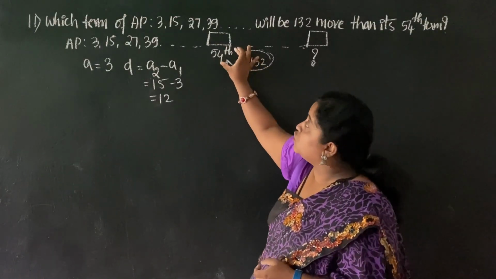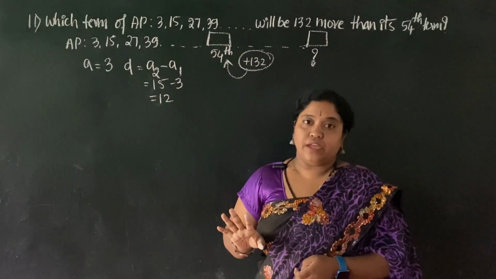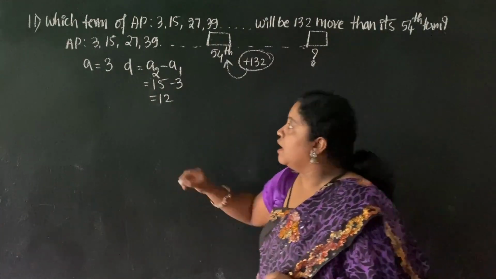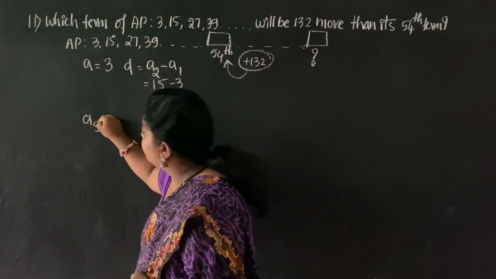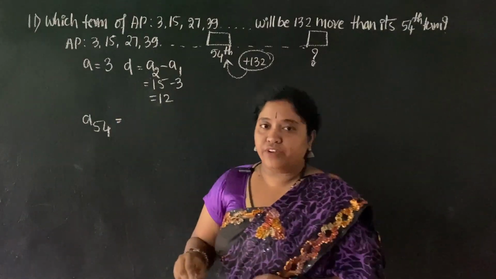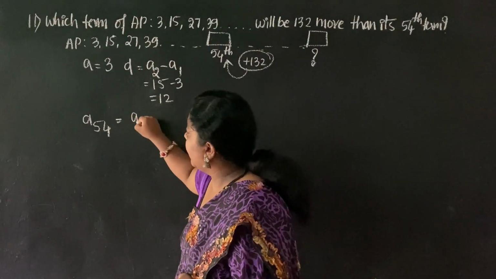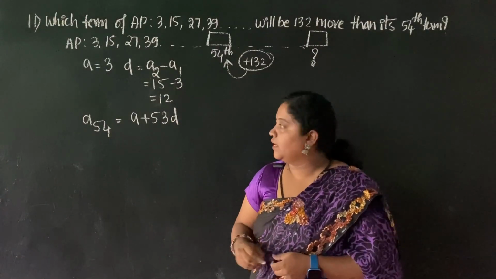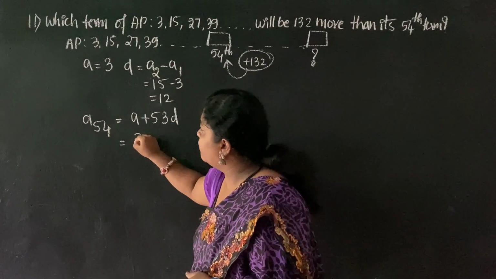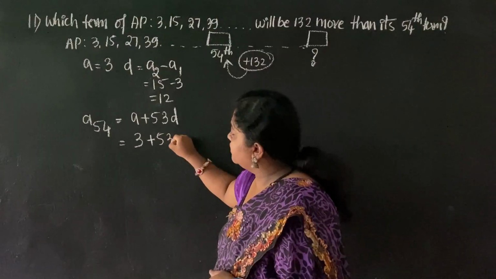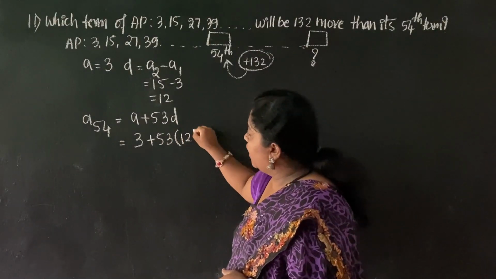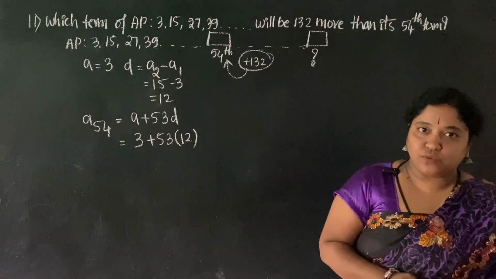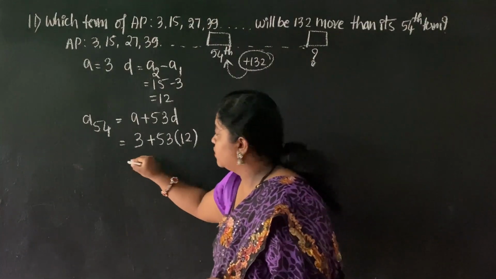Next step, I should know the 54th term first. How can I write the 54th term here? A54 can be written as A plus 53D. What is the A value I have? 3 plus 53 into, what is the D value I have here? D value is 12.